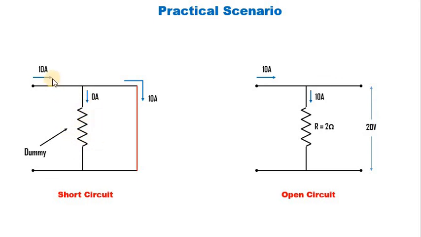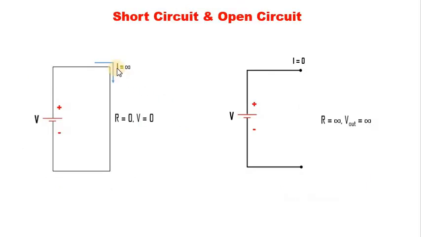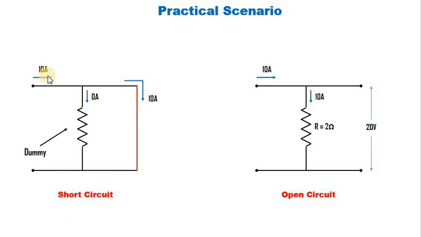So if I'm saying that 10 ampere of current is coming from here, none of that current will pass through this resistance. All of that current will bypass through this shorted path. So only 10 ampere will pass through this. But previously what was happening? We said that I equal to infinity was passing. This is not what happens. Only this 10 ampere current will pass through this shorted path.